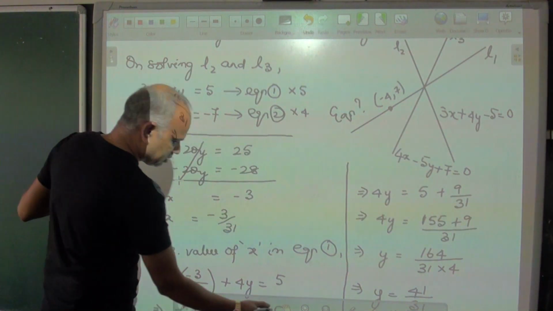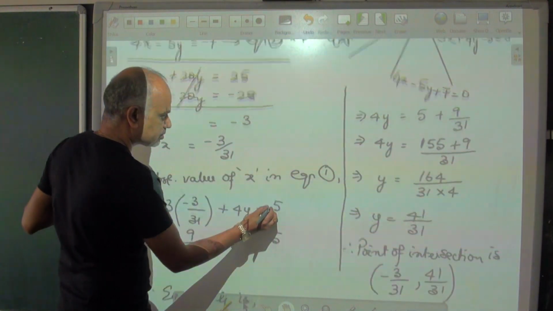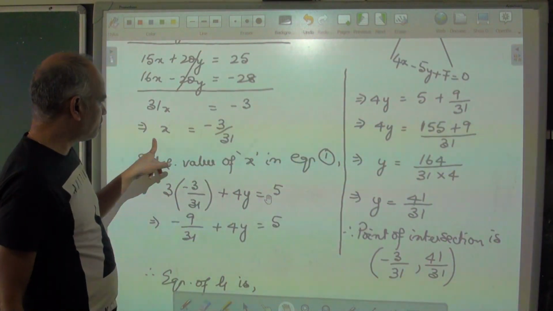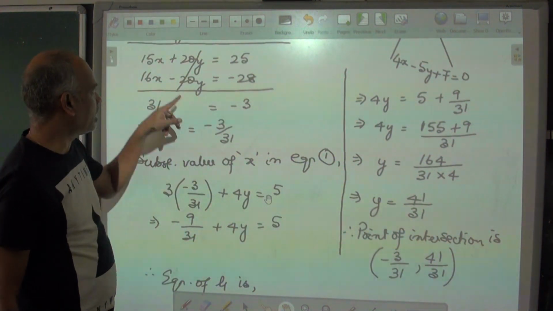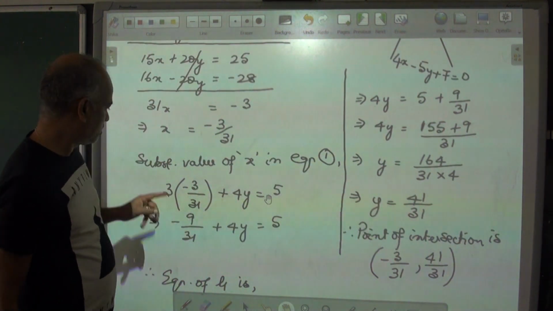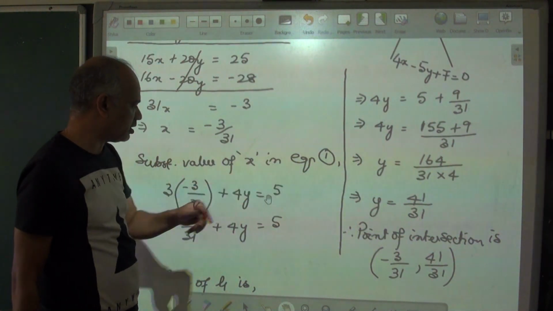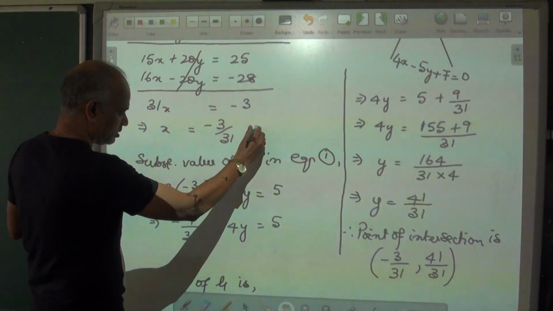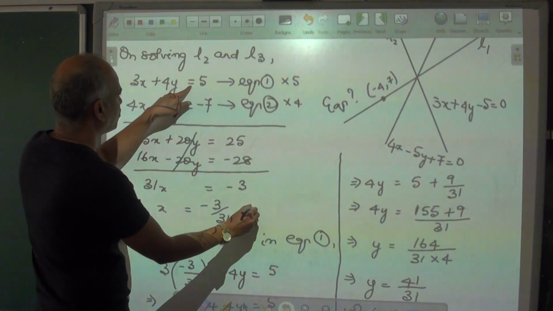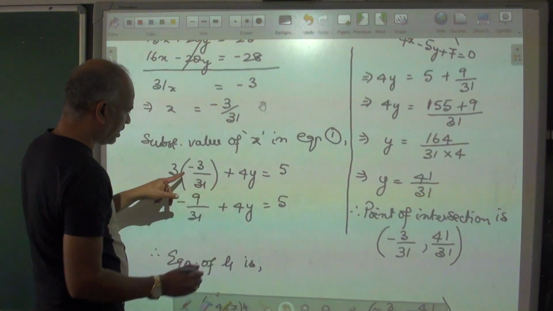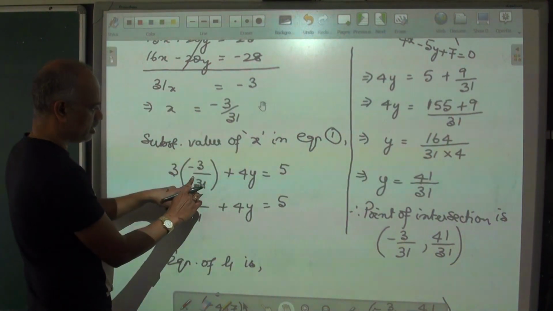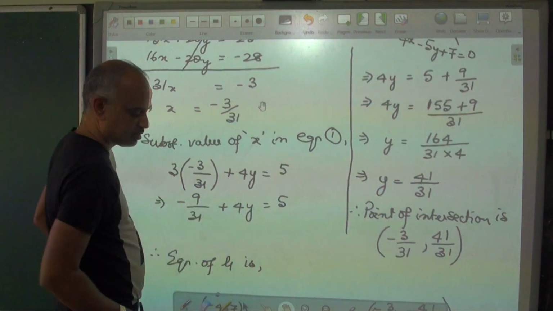To find the value of y, substitute the value of x in equation 1. Equation 1 is 3x plus 4y is equal to 5. So 3 times the x value, plus 4y is equal to 5.